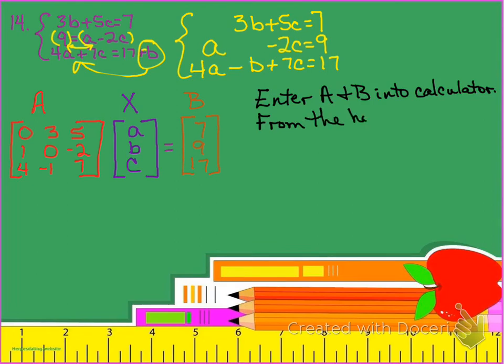All right, now from the home screen. So you've got your matrices entered. So go to your home screen. And you are going to enter second matrix A. Then you will hit the inverse x.